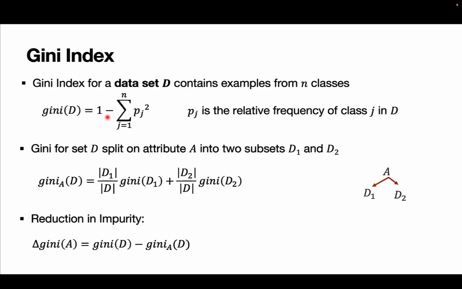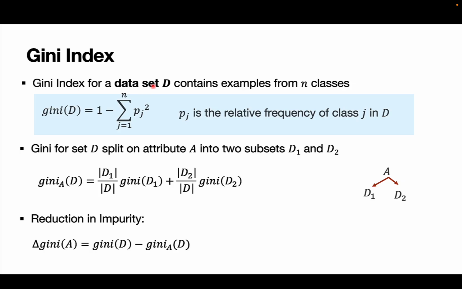And similar to information gain computation, computing the Gini Index consists of 3 steps. Computing the Gini Index for the dataset, then splitting the dataset on attribute A and computing the weighted Gini Index, and then finally the reduction in impurity where we take the difference of the previous 2 steps.